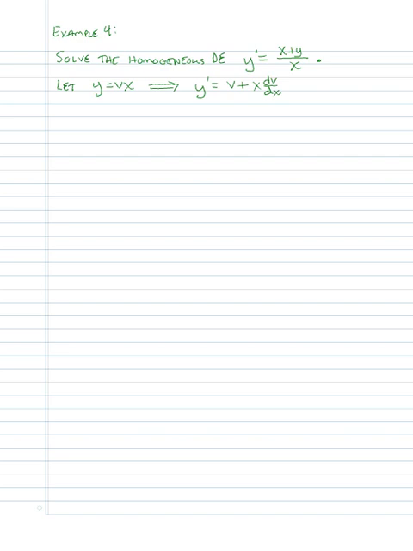Remember how we did that. It's the first function, which is v, times the derivative of the second function with respect to x. Well, the derivative of x with respect to x is 1. So that's where we get this v times 1. And then it's the second function, x, times the derivative of the first function with respect to x. Well, the first function is v. So we have x times the derivative of v with respect to x. That's where that comes from.